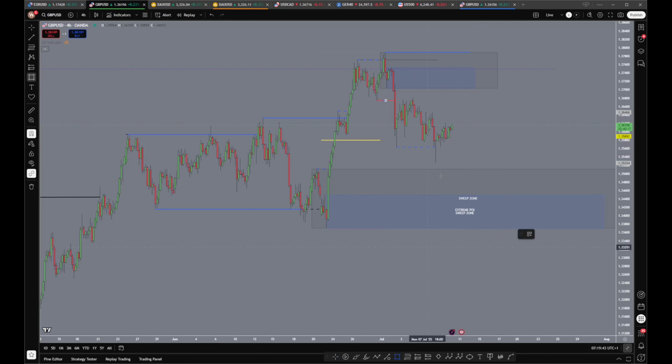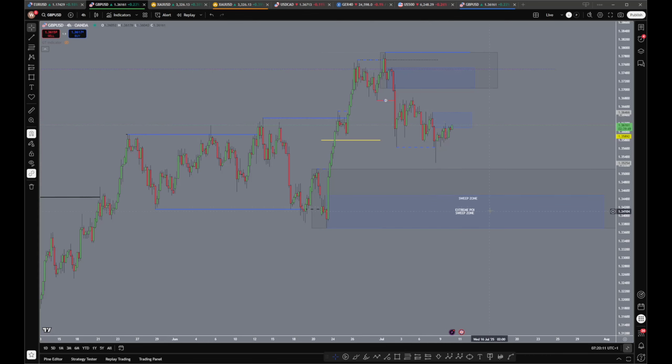We do have this 4 hour supply zone here, which we have mitigated, and maybe we're going to see it fail, but still holding at the moment. So if this fails, then that's the sign that we've finished the 4 hour pullback, and we're likely to then continue to break the highs.